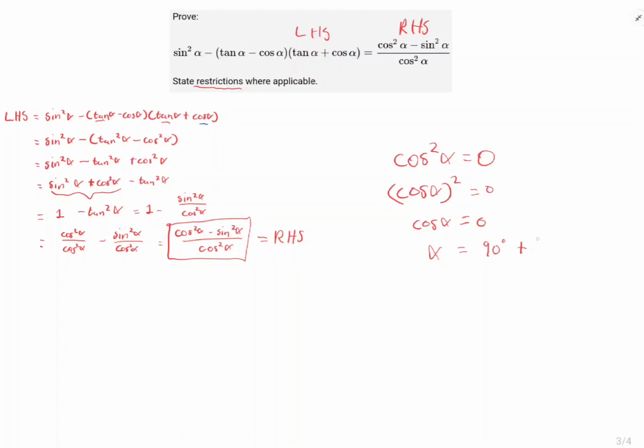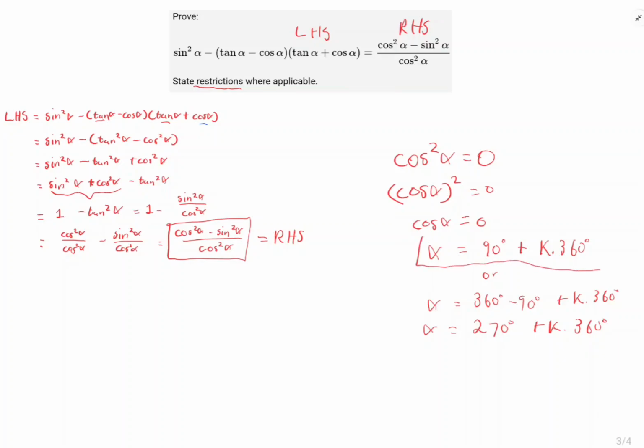So it's going to be 90 degrees. And we know that for the general solution for cos, the angle is equal to 90 degrees plus k times 360 degrees, or the angle is equal to 360 minus 90 degrees plus k times 360 degrees. What is 360 minus 90? 270 degrees plus k times 360 degrees.